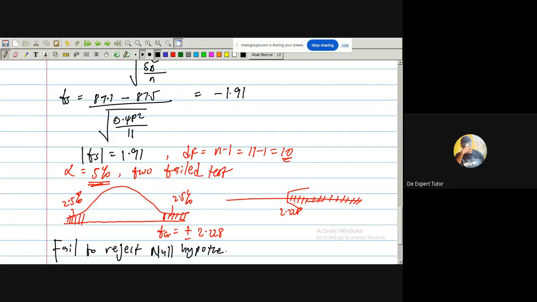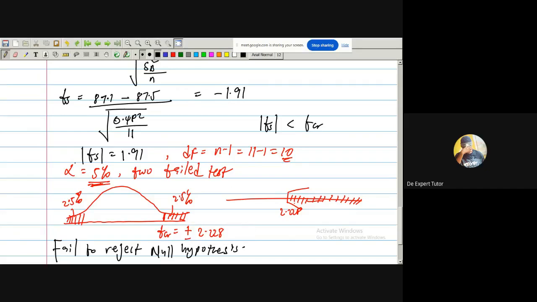It did not fall in the rejection region. That's why some books will tell you that whenever your test statistic is less than your critical T, don't reject the null. This one is less than what you have here, so we fail to reject the null hypothesis.